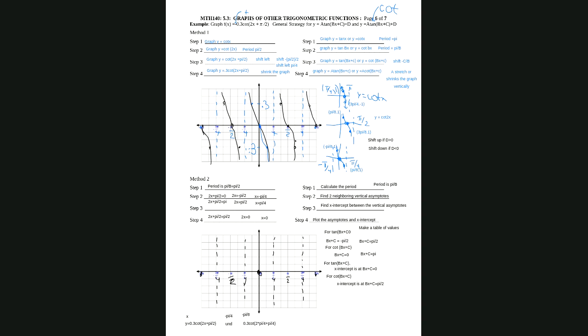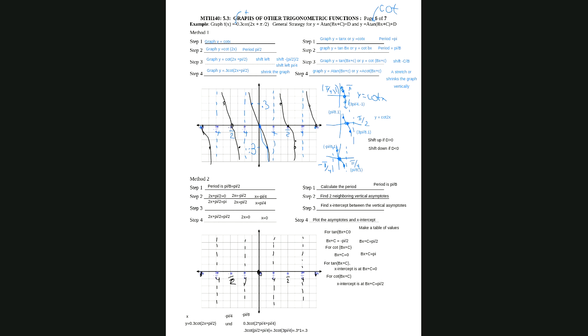And so I get 0.3 times the cotangent of pi over 2 plus pi over 4. And so that's going to be 0.3 times the cotangent of 3 pi over 4. And that's going to be 0.3 times 1, which is just 0.3. That makes sense?